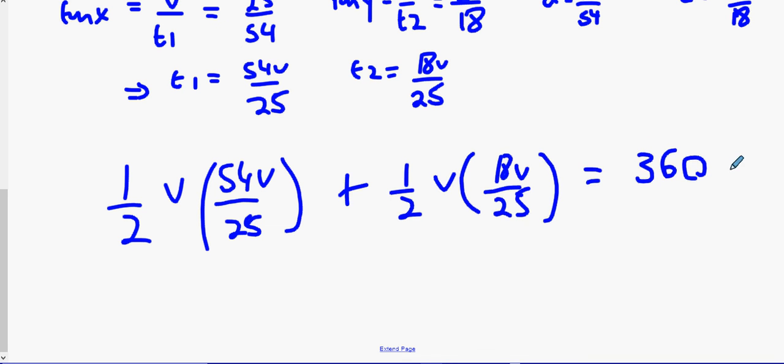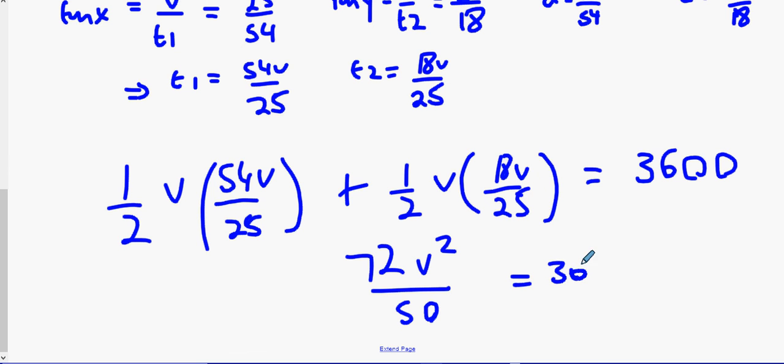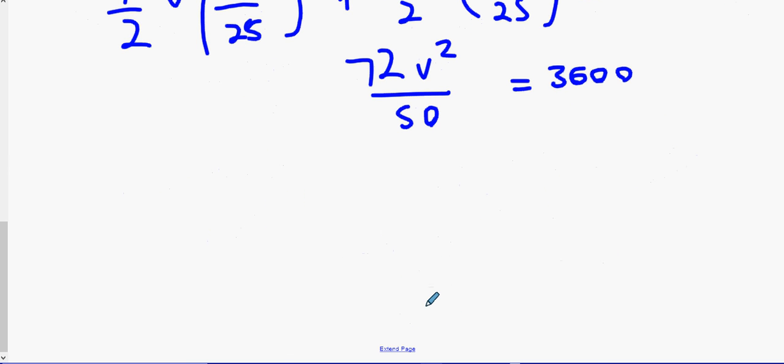When you add the two of them together, you get 72V squared over 50 equals 3,600. When you move everything around, you should get V squared equals 2,500, and V therefore equals 50.